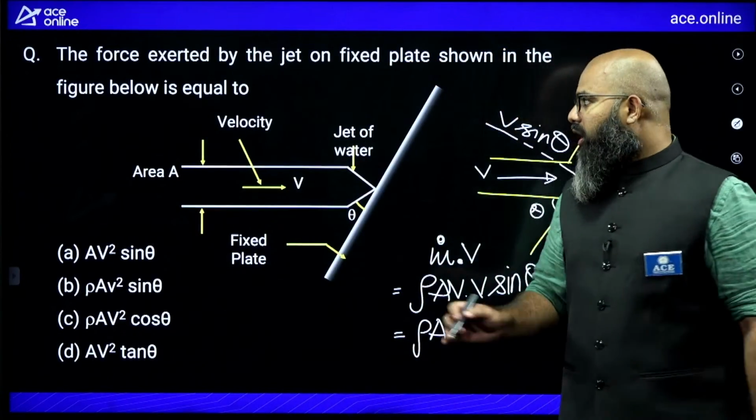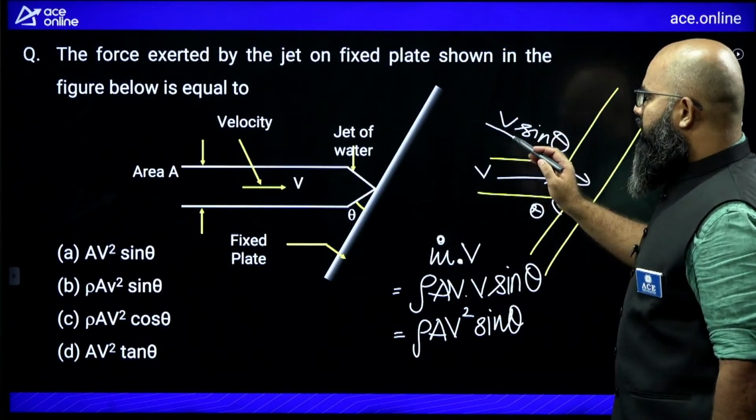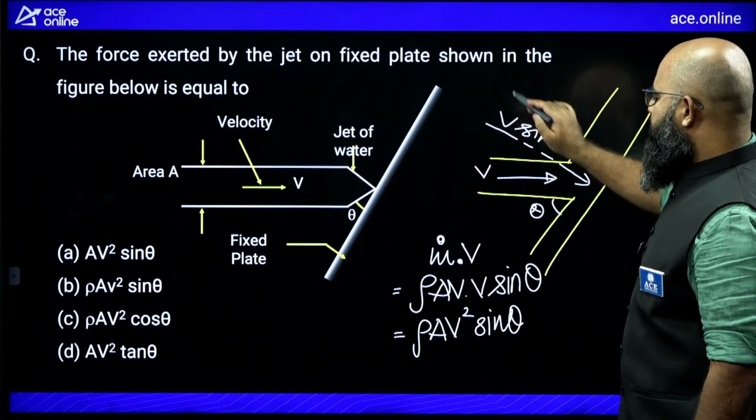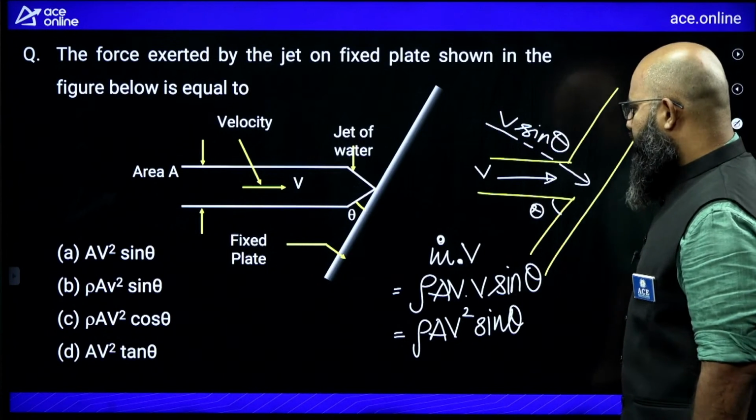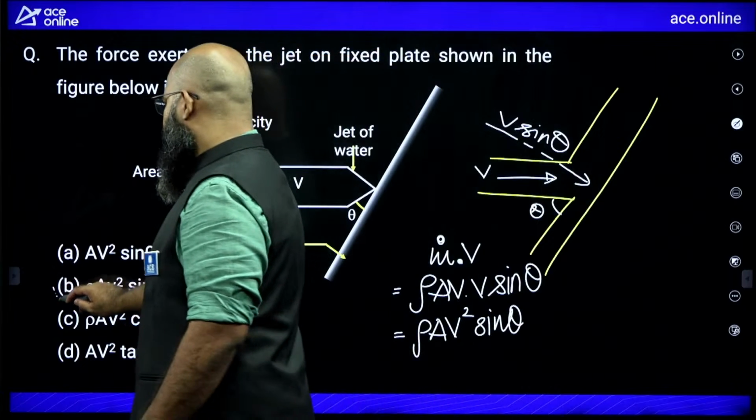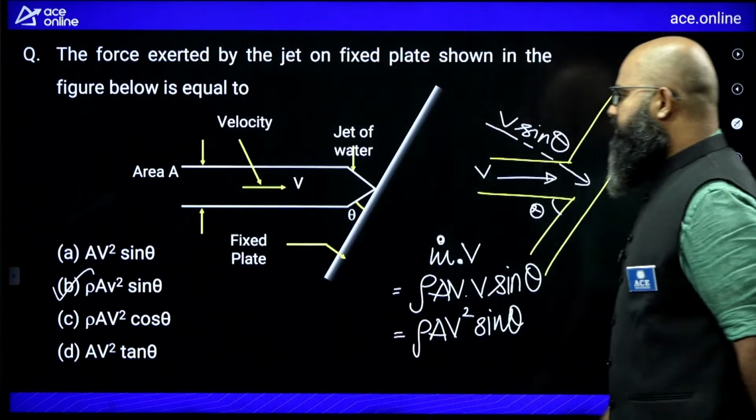This is the value of normal force acting. The force exerted by the jet on the fixed plate is equal to rho a v square sine theta. The answer is option B over here.